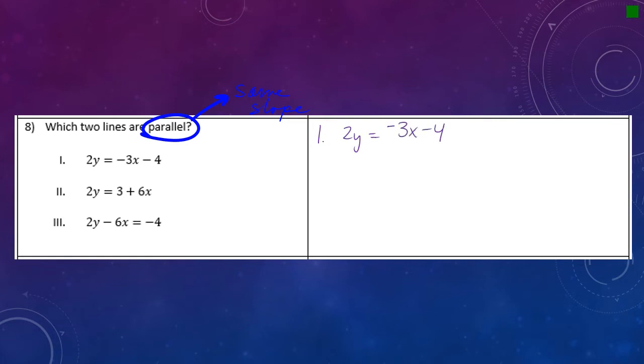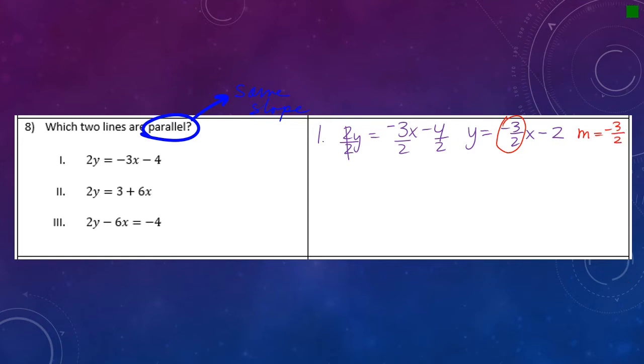To get y by itself, so that it's in slope-intercept form, I need to divide all of my terms by 2. So I end up with y equals negative 3 over 2x minus 2, since 4 divided by 2 is 2. And then all I'm looking at is the number next to x. So my answer for number 1, my slope is negative 3 over 2.